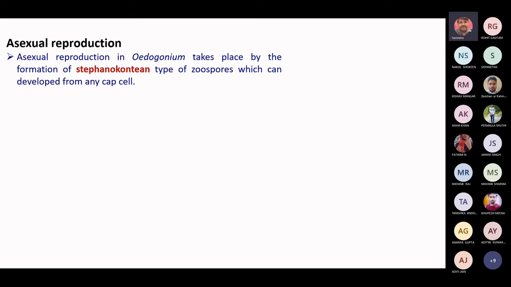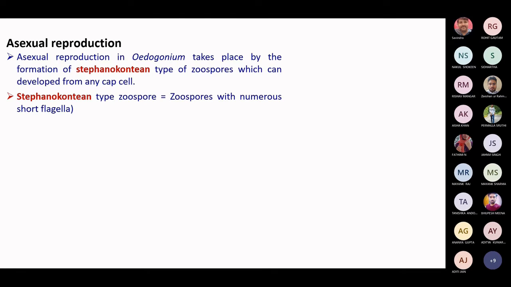Otherwise, we will mark a complete absent for the entire class. Bhupesh, yes. Yes, sir. Stephanokontan type means numerous short flagella in the subapical portion. Yes, that's really great. So stephanokontan type means zoospore with numerous short flagella.